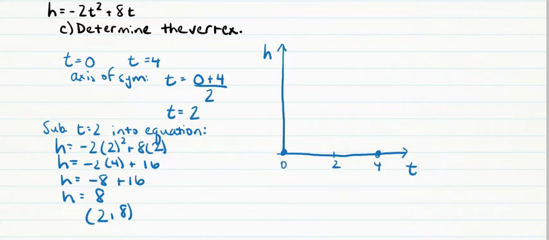Okay. And we know that it reaches a maximum height of 8 meters after 2 seconds. So we've got our parabola looks something like this. So that represents the motion of the soccer ball or the height of the soccer ball over time in seconds.